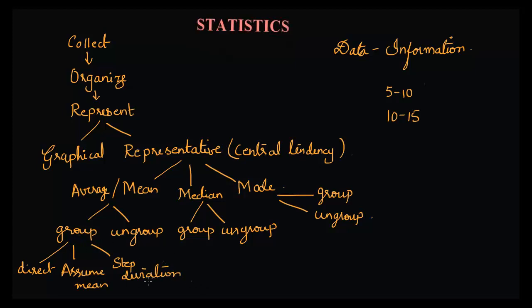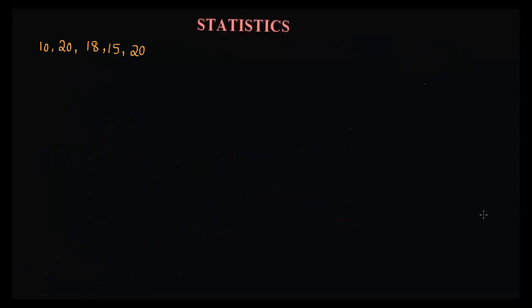So we have three methods to solve the mean of the data. Now we will be just finding the value of mean, median and mode for ungrouped data, where each data is going to be represented distinctly, right?